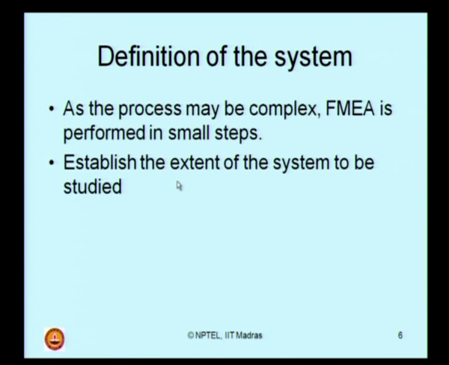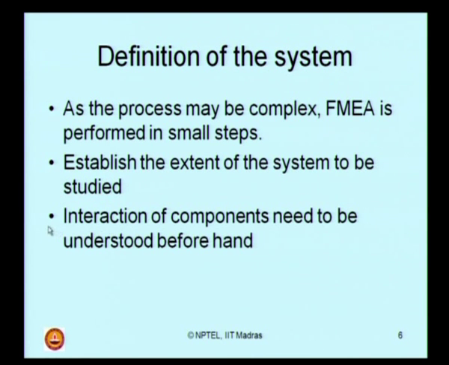You pick up a segment of the system and try to establish the limitations of the system which you are studying under FMEA. Then also study the interaction of components beforehand. For a system identified by you, try to understand the complete working principle of the system in total.